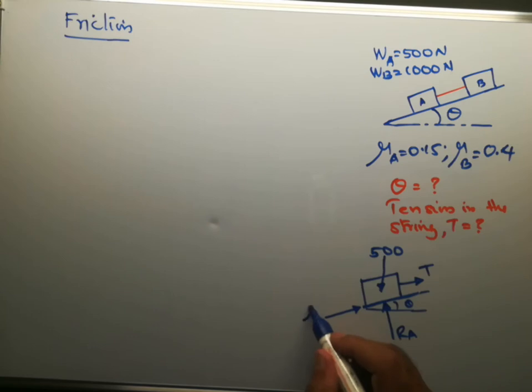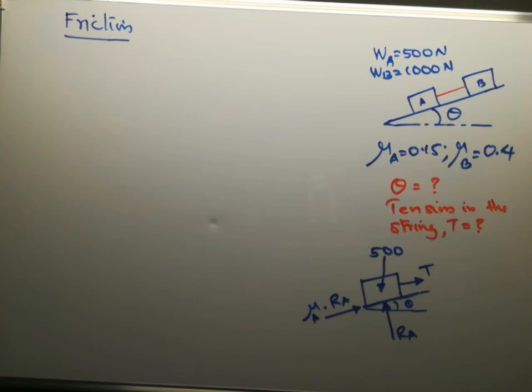So this is mu A into RA. So these are the forces acting on the block A.